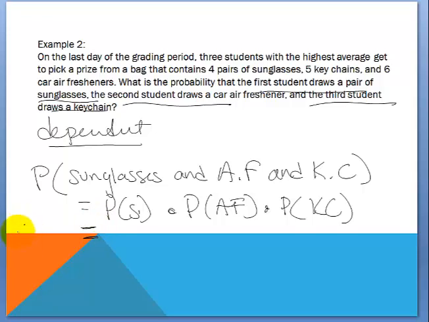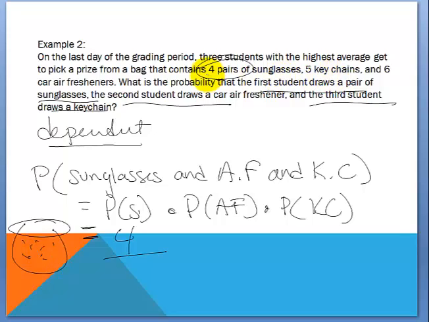So we have one bag, so here's the bag, and there's all the goodies inside of it. So the first one is the probability of the sunglasses. So we have 4 sunglasses. So there's 4 ways we can choose a pair of sunglasses. But the bag contains the sunglasses, the keychains, and the air fresheners.